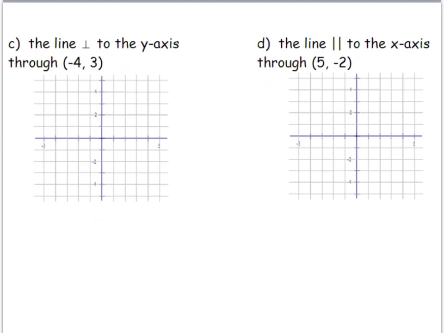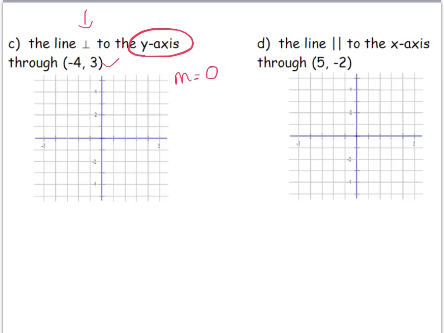All right, I'm going to do C, and I'm going to let you do D, just like we did with A and B. In C, it says I want to be perpendicular to the y-axis through this point. Well, let's see here. The y-axis is a vertical line. Vertical lines are undefined. So if I want to be perpendicular to that, that means I have to be the opposite reciprocal. We're looking for a horizontal line. So that means my slope is going to be 0.